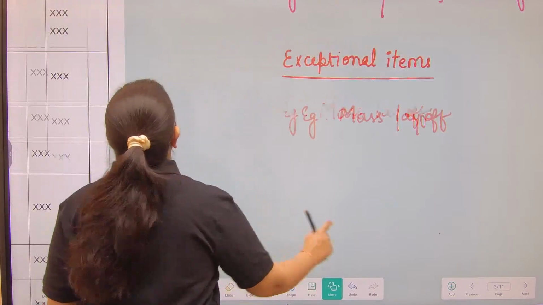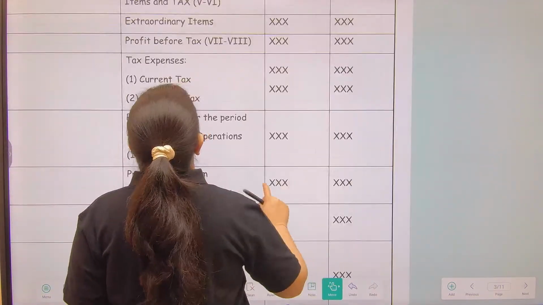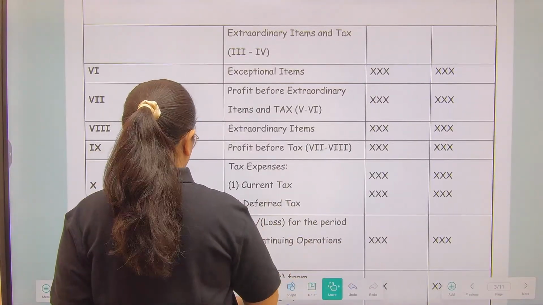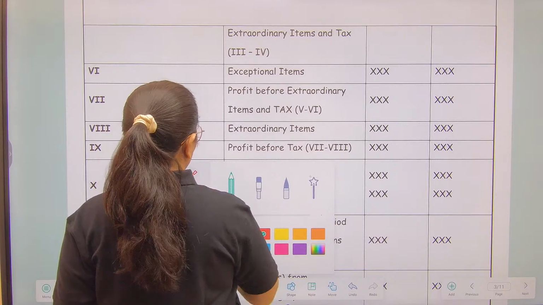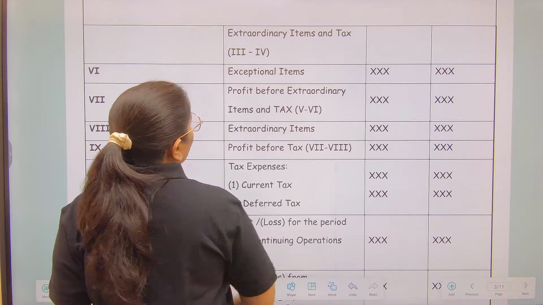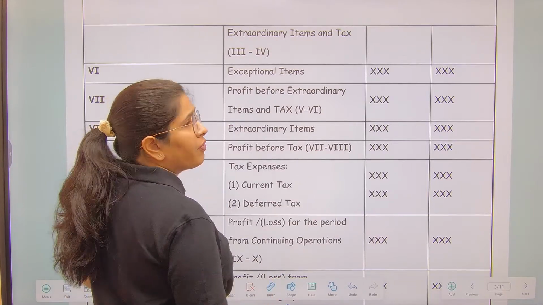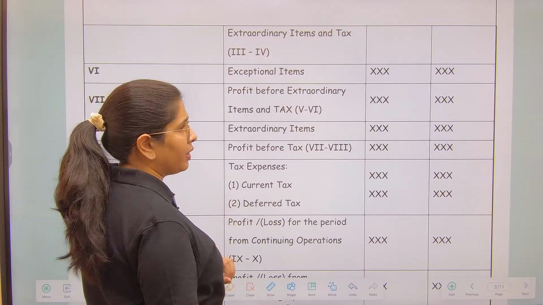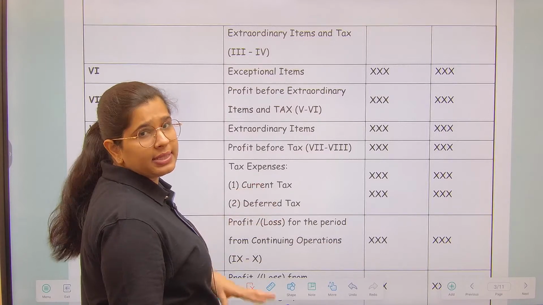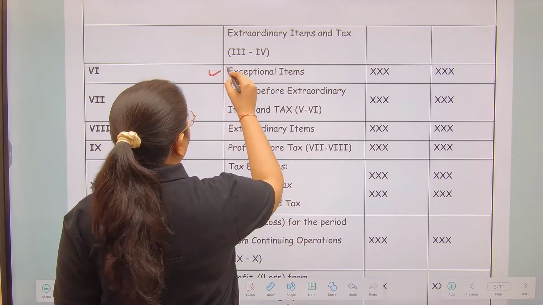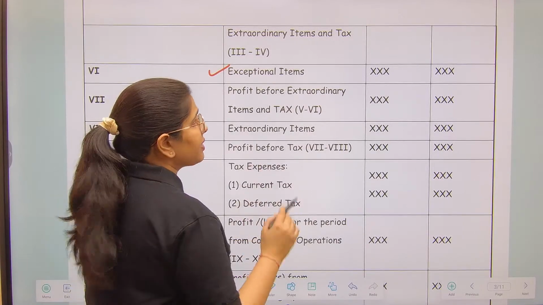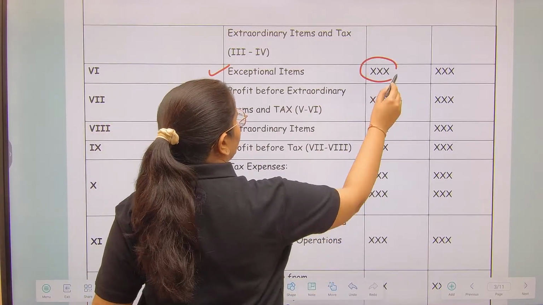So after understanding the meaning of exceptional and extraordinary items, go in there. Profit before exceptional and extraordinary items and tax, we have calculated it. How? Income less expenses. Now if there are any exceptional items during the year in your business, please write the impact of it.